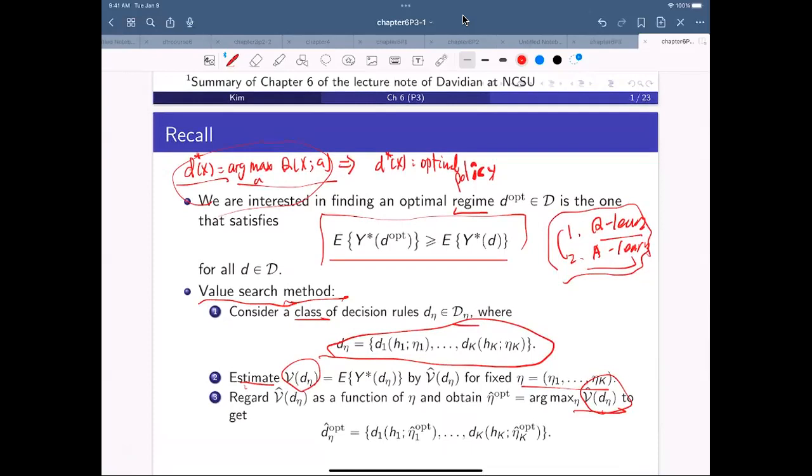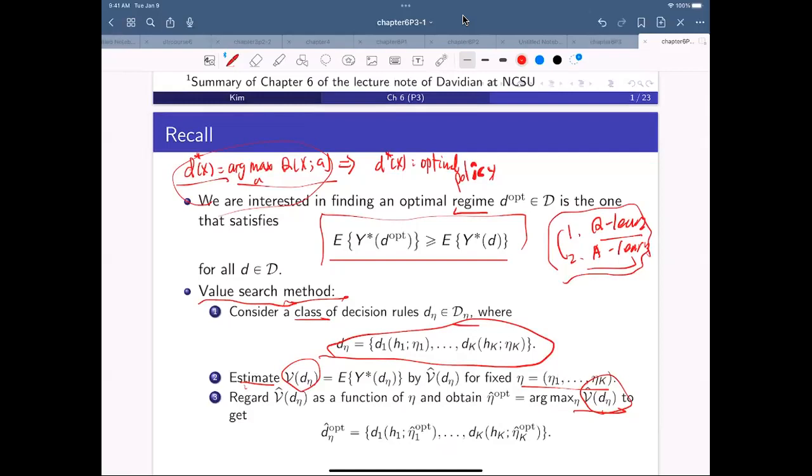Eta is a parameter. So I think value search means that we have a predetermined parameterized rule, and we are trying to find the appropriate parameter to help us do best. Exactly, right.